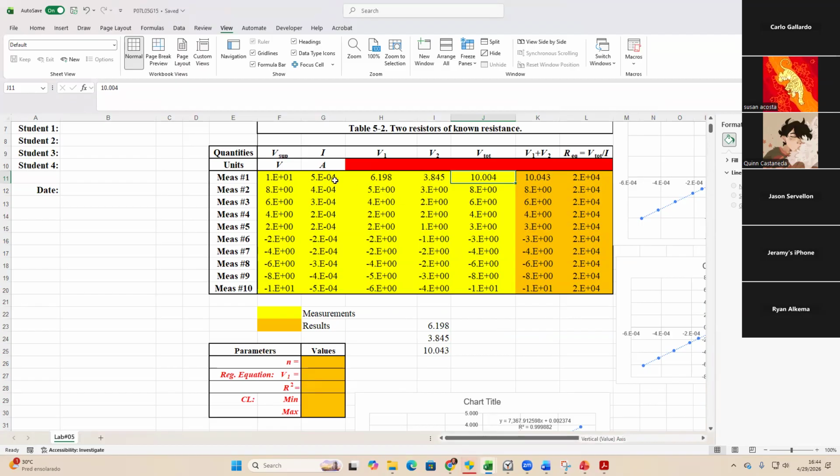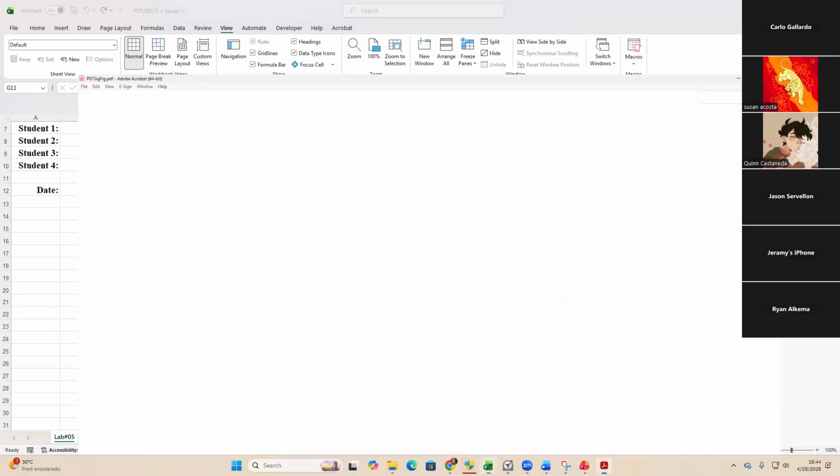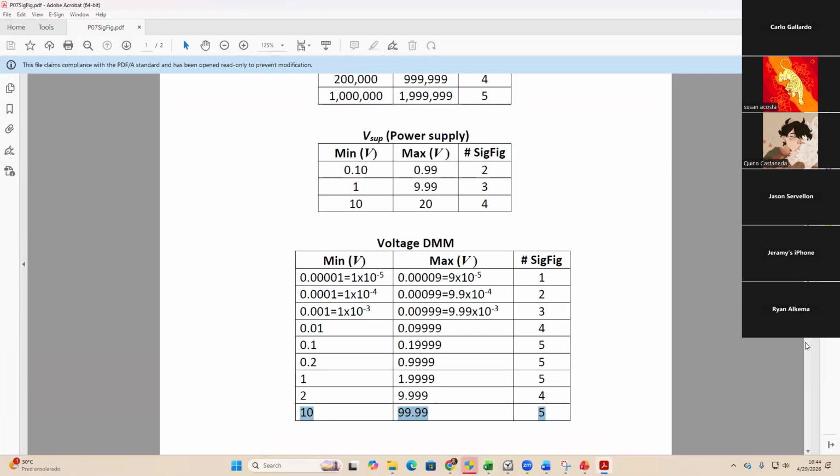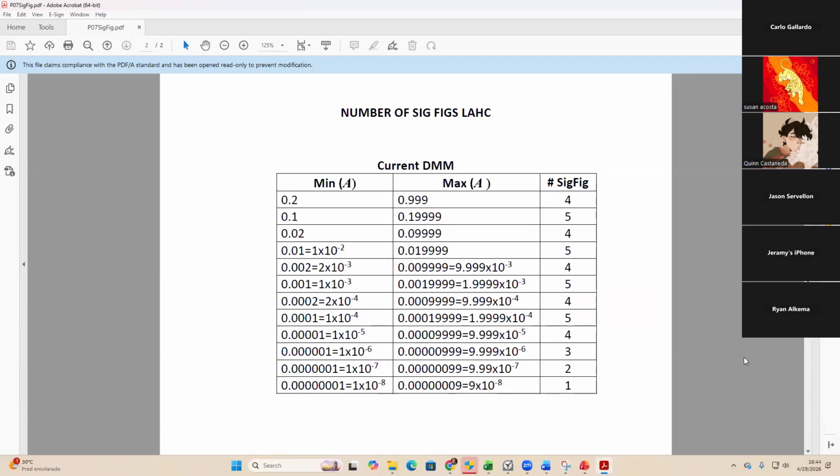And we have to look at this one here now. That's half milliamp, 0.0005. So we go in the table for the current.